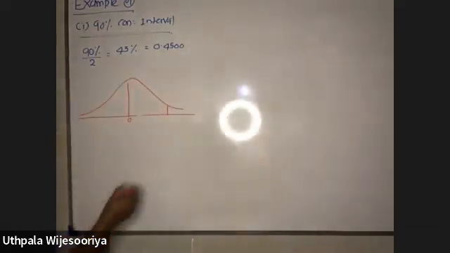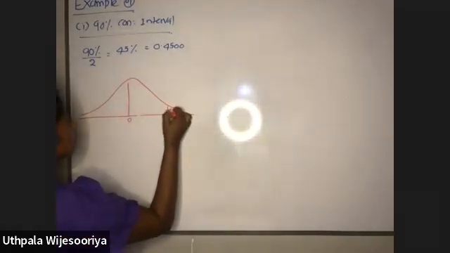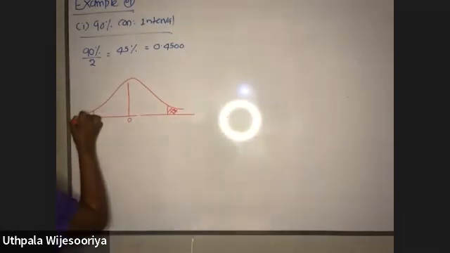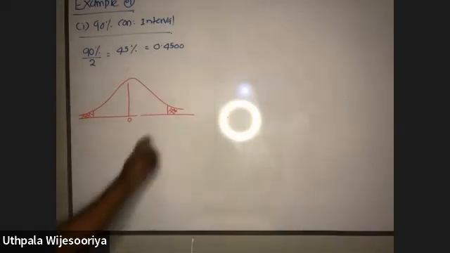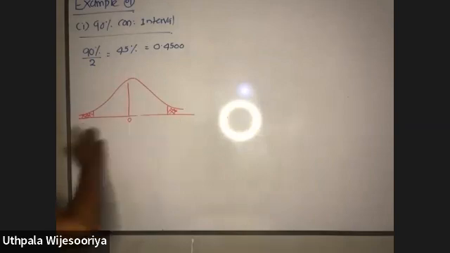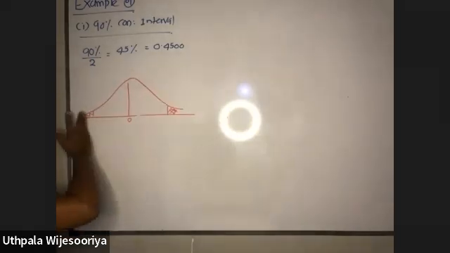Here, a 90% confidence interval means 10% may be out. The statement will be correct 90% of the time and 10% will be out. We mark that 10% on both sides to balance: 5% here and 5% here.